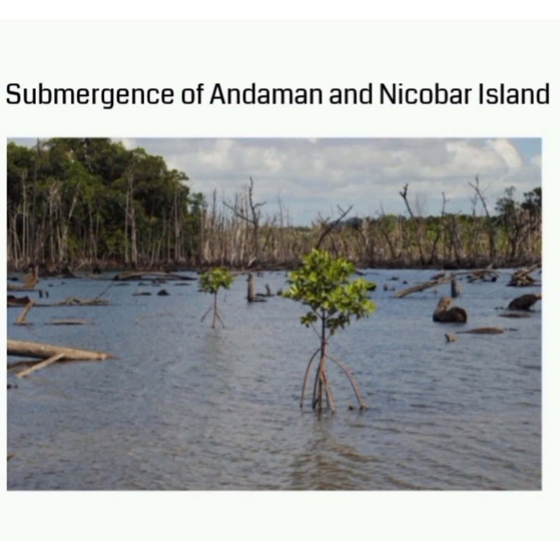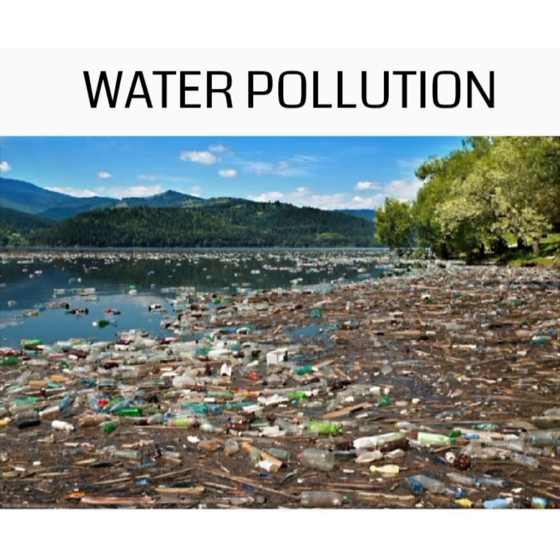So one more thing, the discharge of waste material into lakes and rivers makes the water unsuitable for human use, and it also damages other forms of life by becoming polluted, and it is known as water pollution.